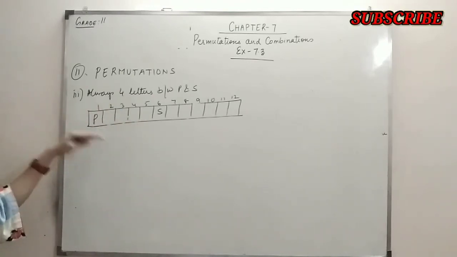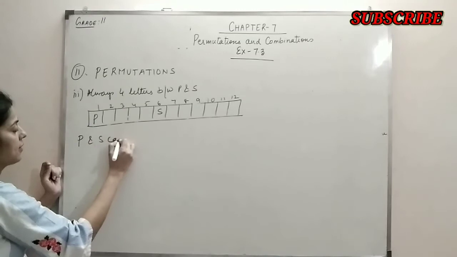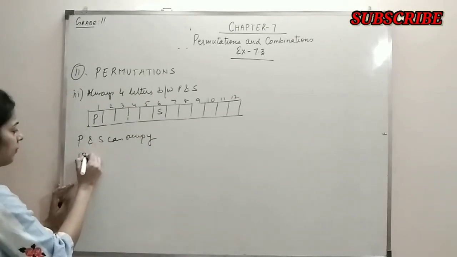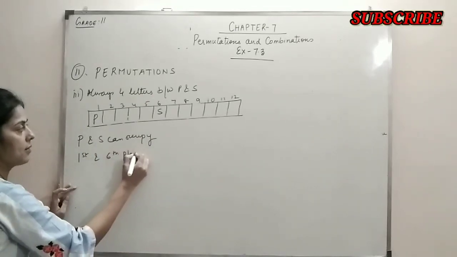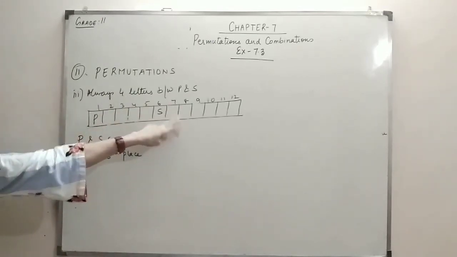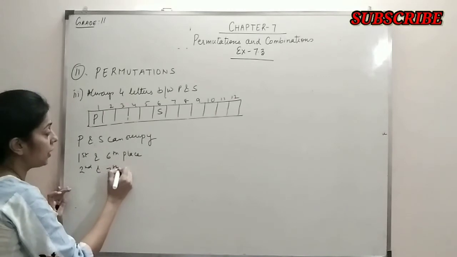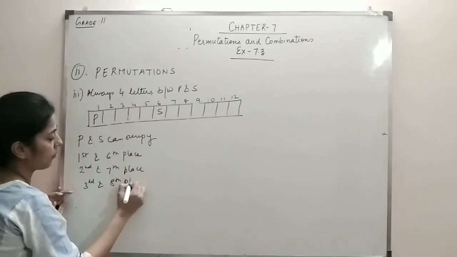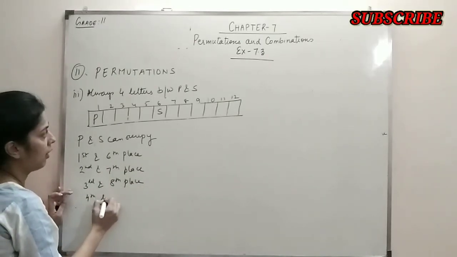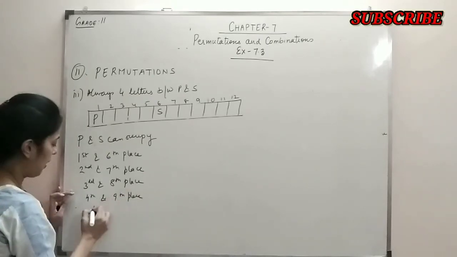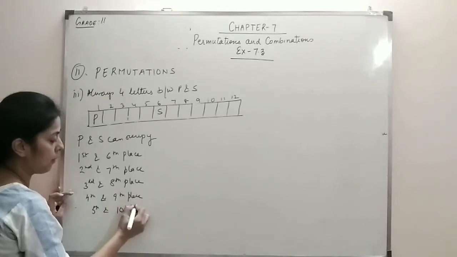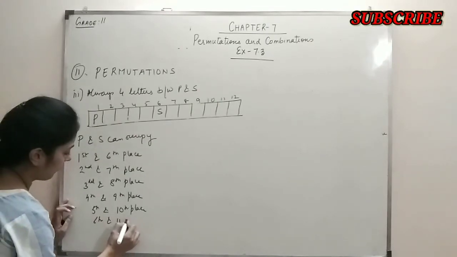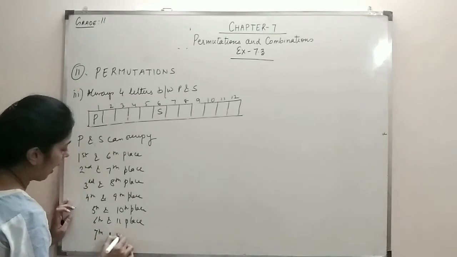It means P and S can occupy either first and 6th place, 2nd and 7th places, either 3rd and 8th place, either 4th and 9th place, either 5th and 10th place, either 6th and 11th place, and either 7th and 12th place. We need 4 letters in between.